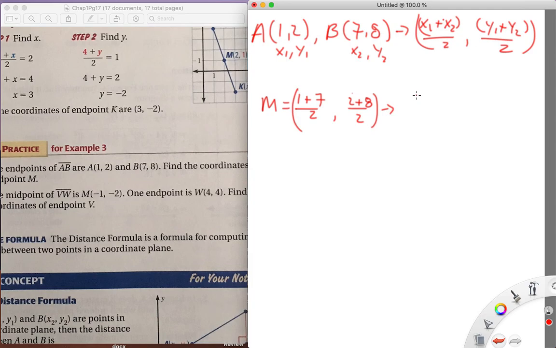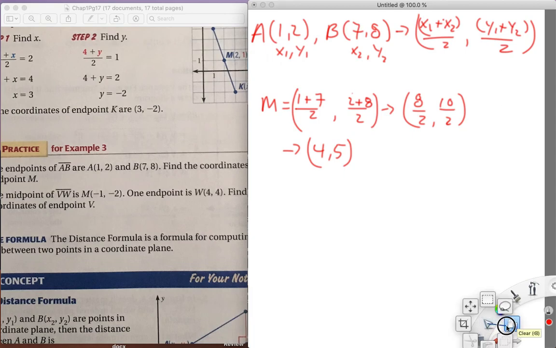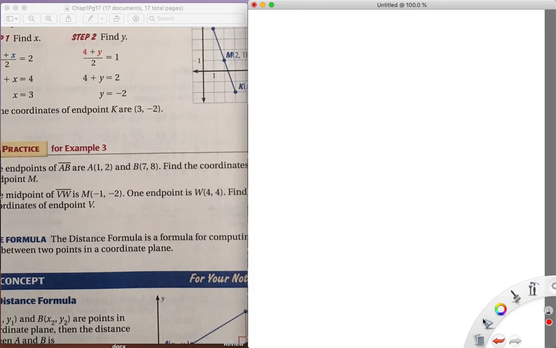That gives me 8 over 2, 10 over 2, which is 4 and 5. So the midpoint coordinate of 1, 2, and 7, 8 is 4 and 5. Yay. So that's the case where they give you 2 endpoints and they want you to find the midpoint.